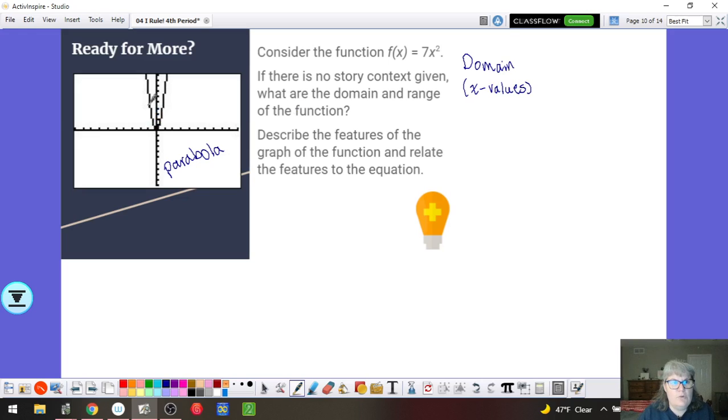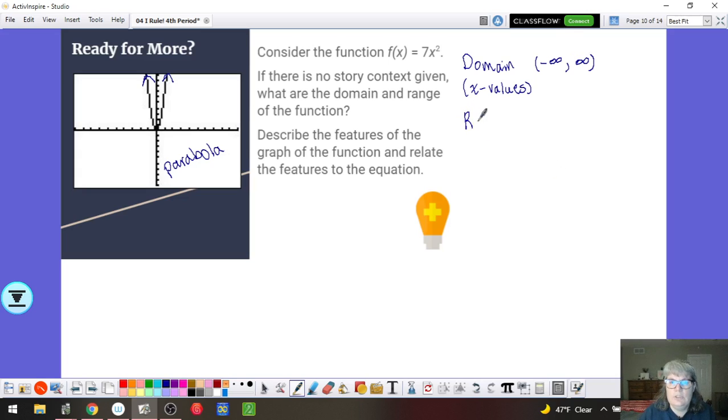And if I look at this graph, even though it doesn't show it here, I would have arrows on here indicating that this is going to keep going forever. So really, there aren't any x values we aren't going to use. So the domain, and I'm using what's called set notation. This is not the same as an ordered pair. We use parentheses to show that there's no exact stop. And to show that it's all real numbers, it's negative infinity to infinity.